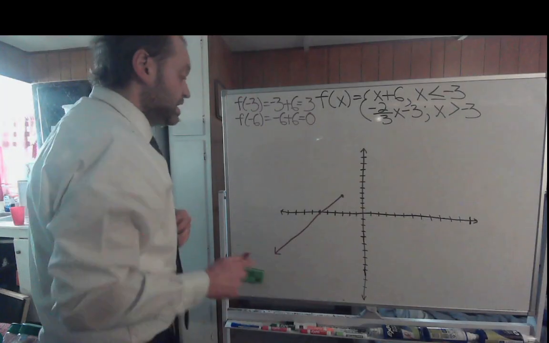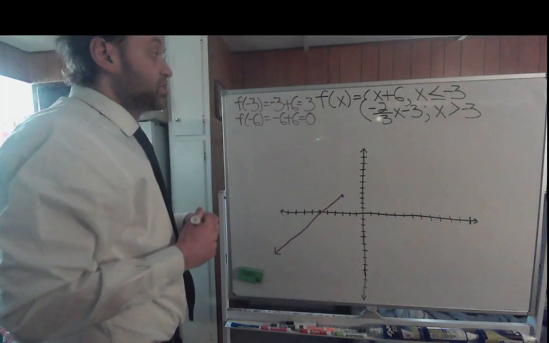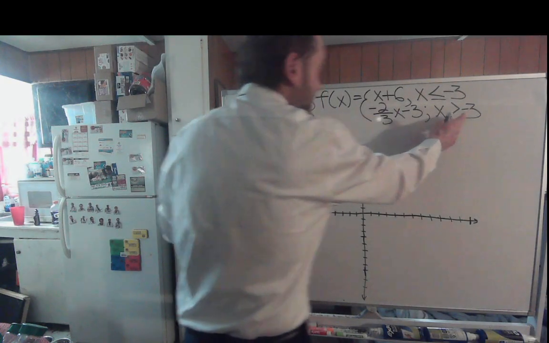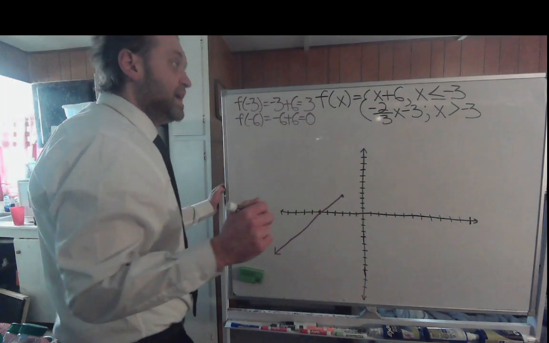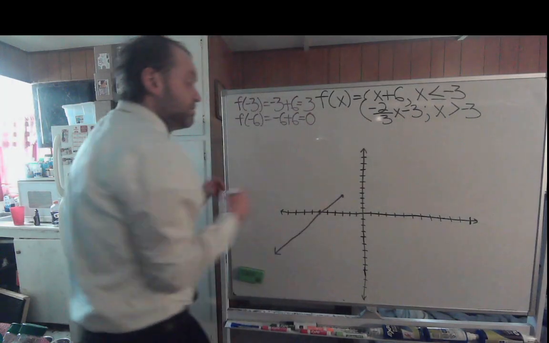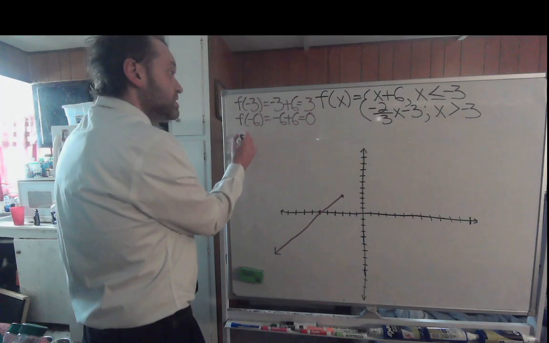Okay. Now here's where it gets fun. We have x is just greater than negative 3. However, let's put in negative 3 into the second bottom function for the sake of finding where the discontinuity is.